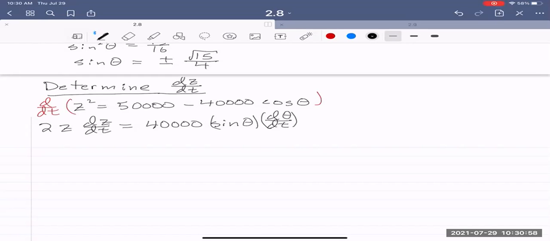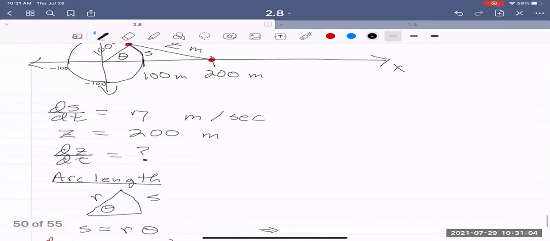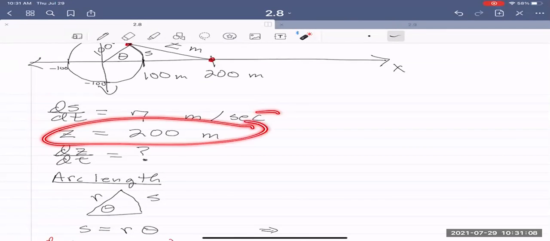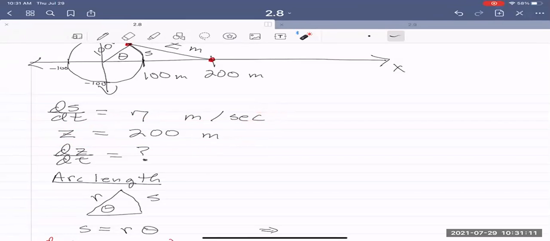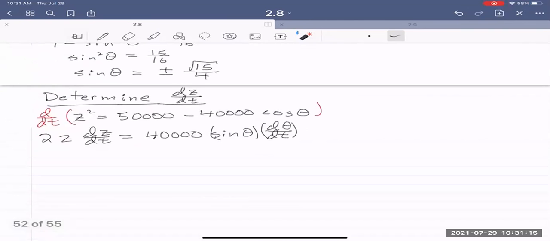Okay, so now let's plug in things we know. What is z? Z is 200. And the sine of theta I know is that.